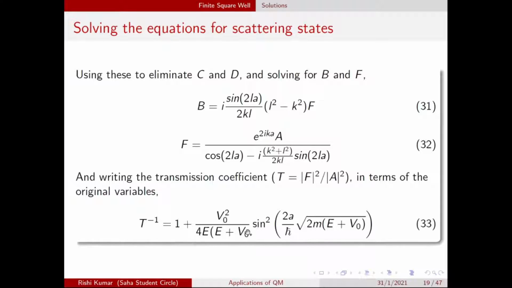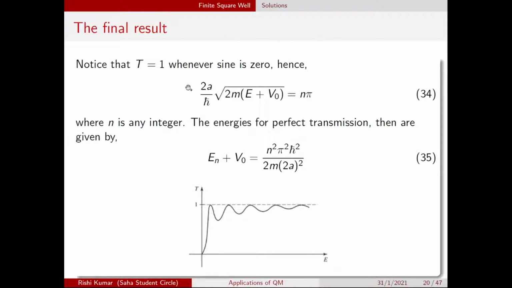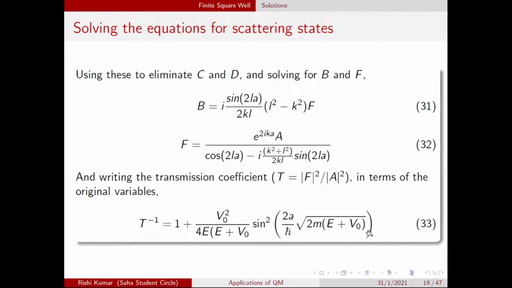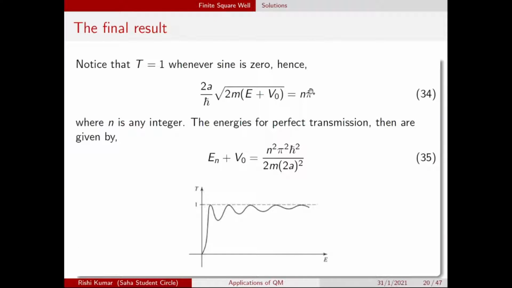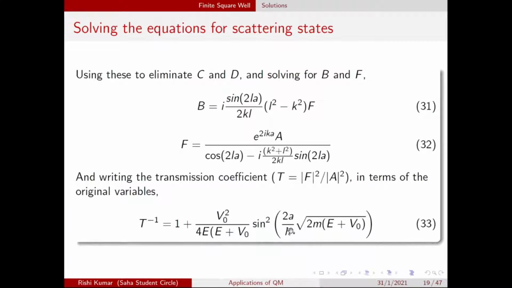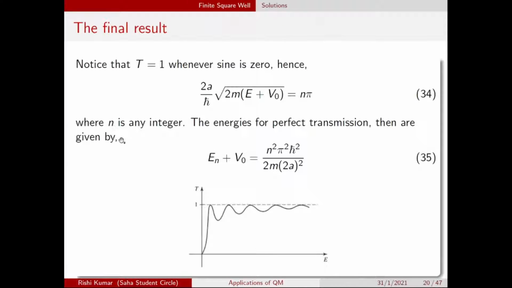So when this sine is 0, we get T equals 1, and this entire term goes away. We also make the simple derivation that this term here is simply equal to n pi, so our sine here becomes 0, where n is any integer.